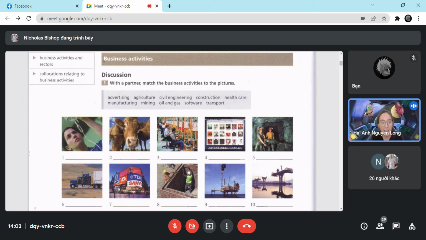Because I see a van, like it's delivering something, so I think it's transport. What can you see in the picture? I see a van. Oh, you call that a van, do you? Oh, alright. I don't remember the word to call that.